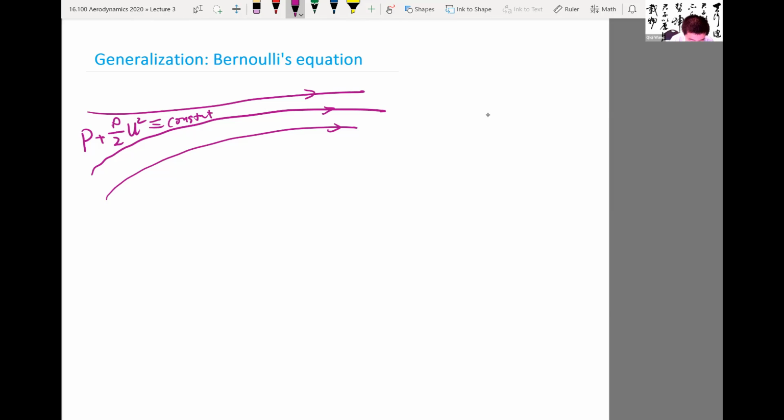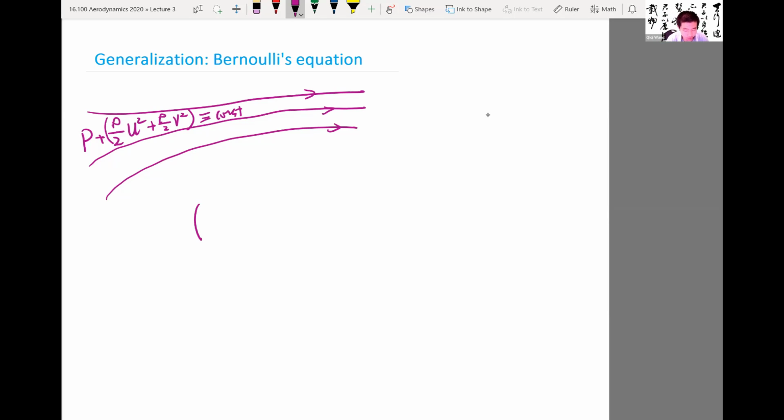So in this two-dimensional world, I should write it not just with u squared: half of rho u squared plus half of rho v squared is constant. What it is saying is that along the streamline, this quantity has 0 derivative.